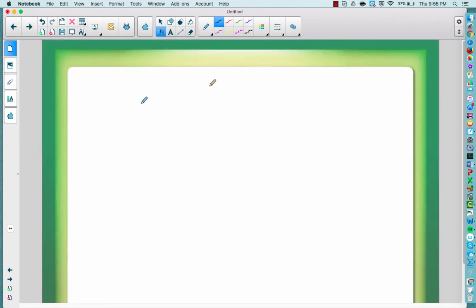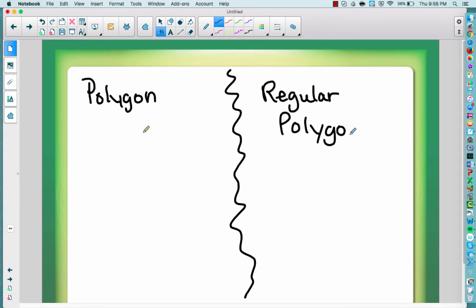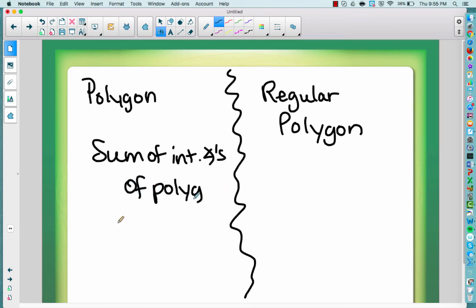Okay, guys, so hopefully you understand. I want you to make sure that now after this video, you know what a polygon is, and you know the difference between a polygon and a regular polygon. You should be able to tell me how you find the sum of the interior angles of a polygon. You should be able to tell me how you find the sum of the exterior angles.